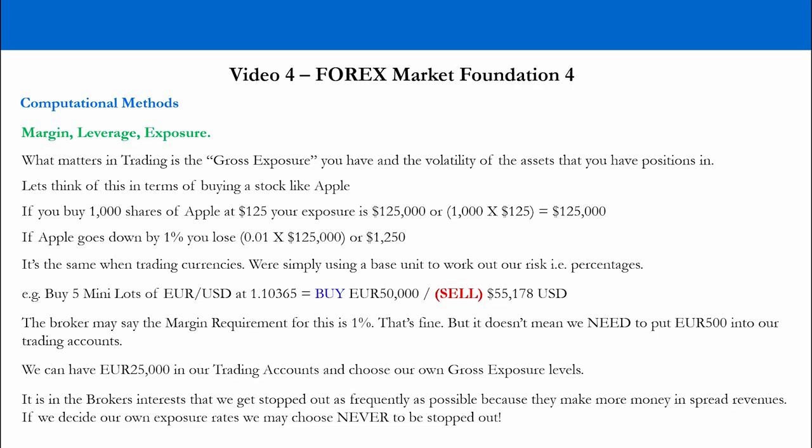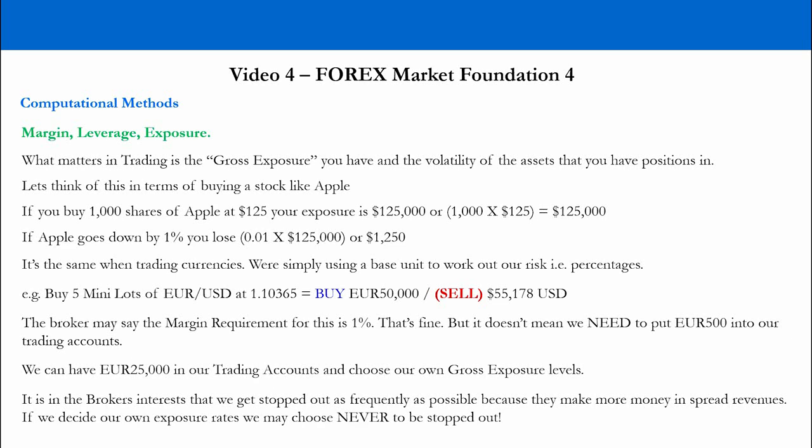So if you decide to put 25,000 in your account and decide that your position size is going to be 50,000 in the base currency, then it means you've chosen your own leverage. You've decided that you're going to be 2 times exposed, so 50% margin requirement.